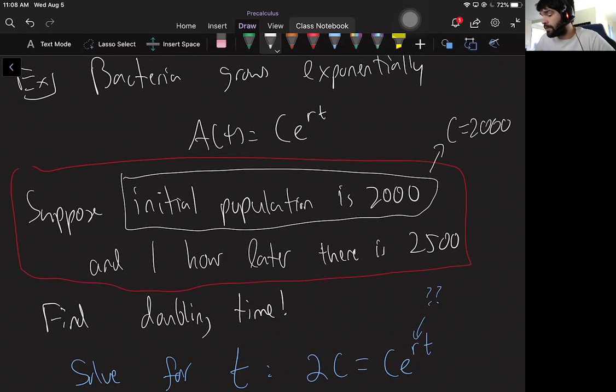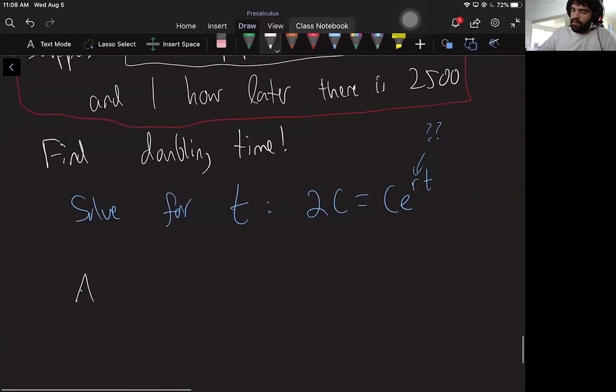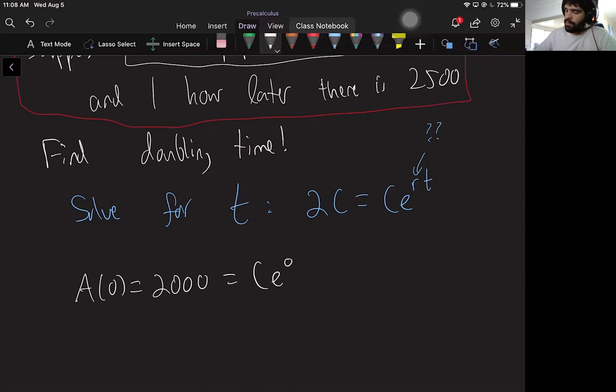It also corresponds to plugging in t equals 0, and you can check that out yourself. If you plug in t equals 0, e to the 0 is 1, so you just get c left over. So A of 0 we're being told is 2,000, and that's just c e to the 0, which is just c. So this lets us solve for c immediately.